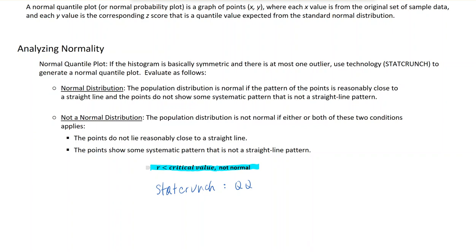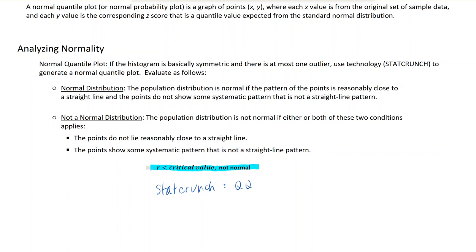We spoke previously that the letter R is our correlation coefficient, and we're going to evaluate it with the critical values associated with that particular data set. If R is less than the critical values that come from a table, we are going to make the conclusion that it does not come from a normal distribution, and therefore you would not want to apply normal models to it.